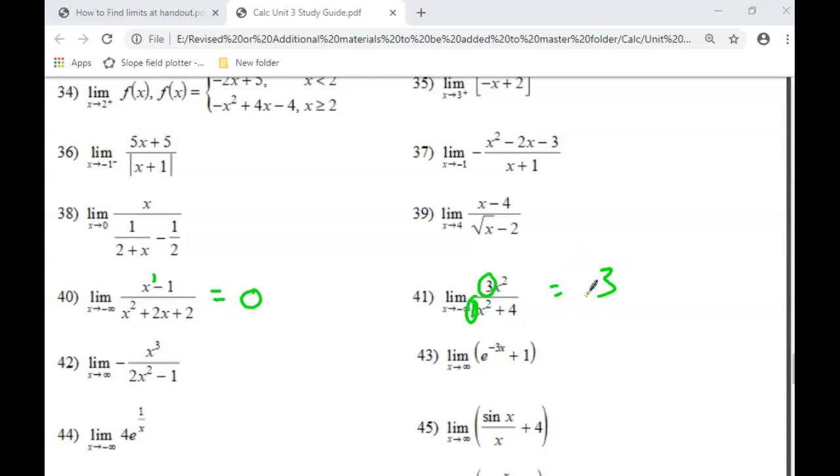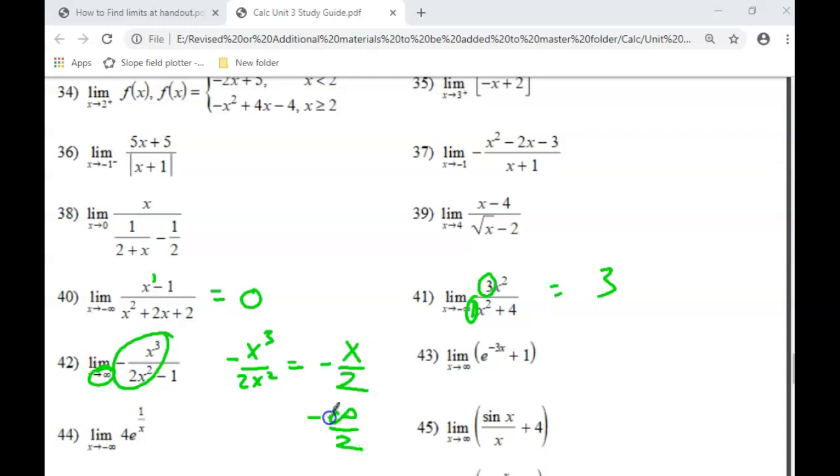For the next one, the power on the top is greater than the power on the bottom. And when that happens, I told you guys to start by taking these two things out separately, just the front terms, reduce them, and then plug in your infinity.